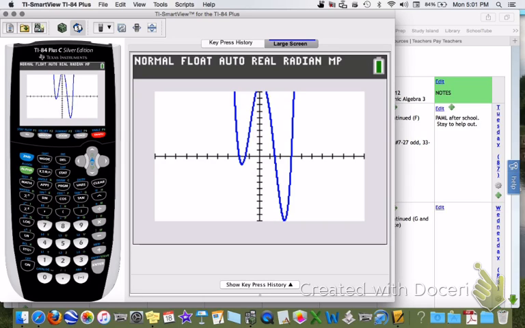So I said you're allowed to use it to figure out a possible hint. Well, if I glance to the right, it looks like it crosses the x-axis at positive 3. So I think that's the hint I'm going to use. It looks like positive 3 is a zero of my function.